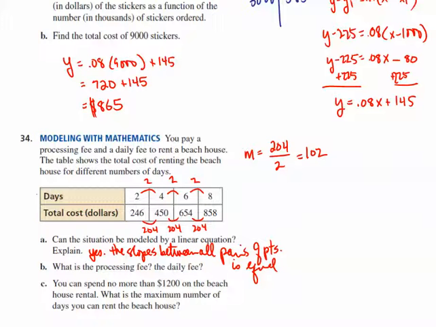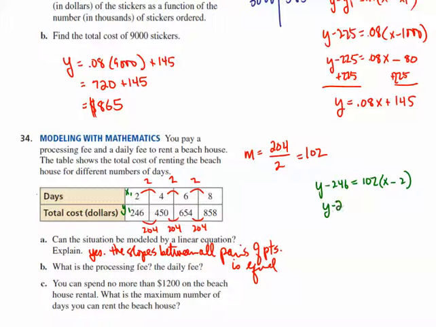All right, so then we're going to take our slope and one of our points. We only need one. We'll call that x1 and y1, and we'll plug it in. y minus y1, which is 246, is equal to m, which is 102, times x minus 2.